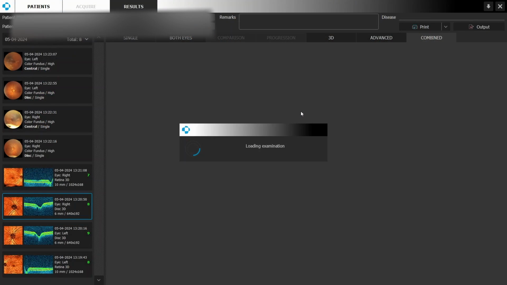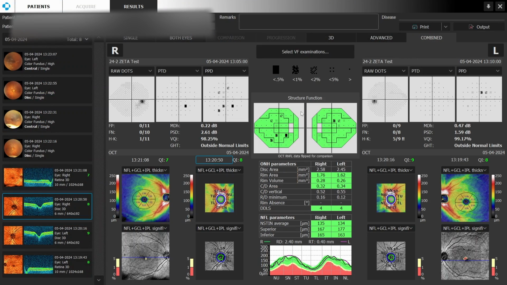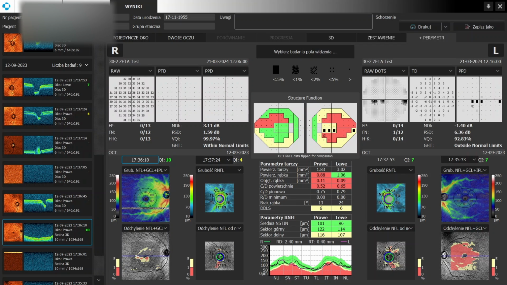In my opinion, the best functionality is the combination of Revo OCT with the PTS visual field testing. On one screen, you can have all the information regarding the optic nerve head, plus the RNFL and GCL, and also the visual function test by the PTS, which is combined on the structure-function graph.